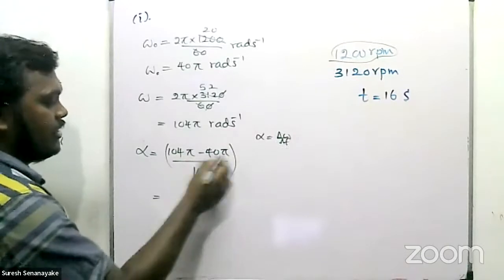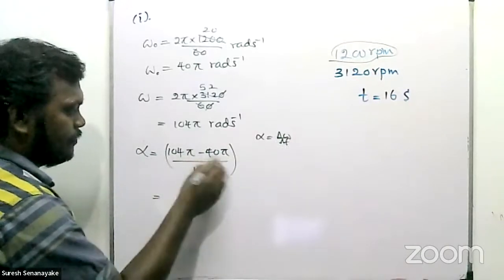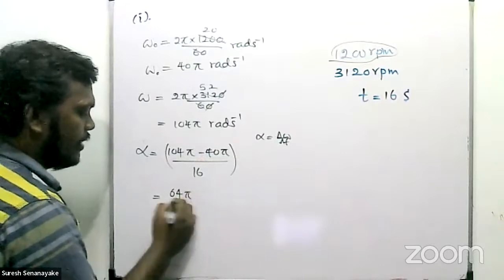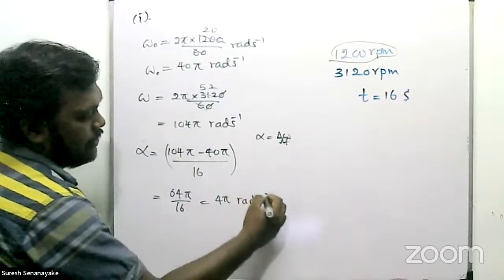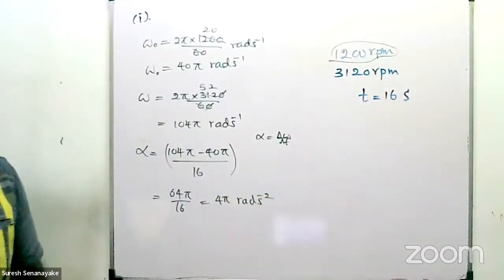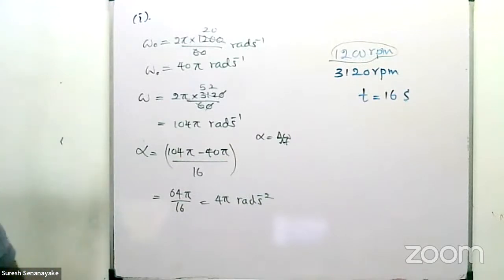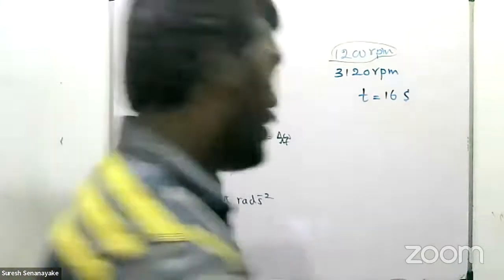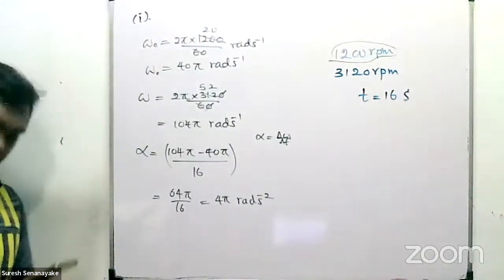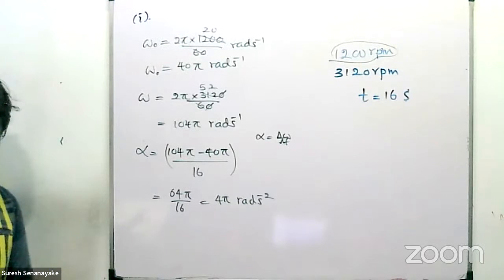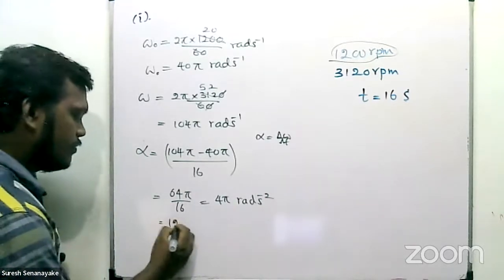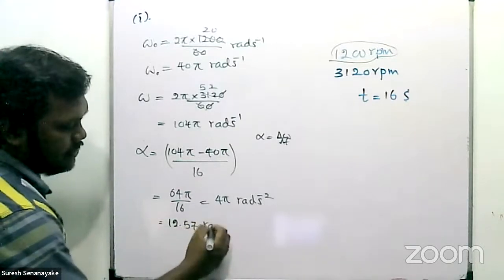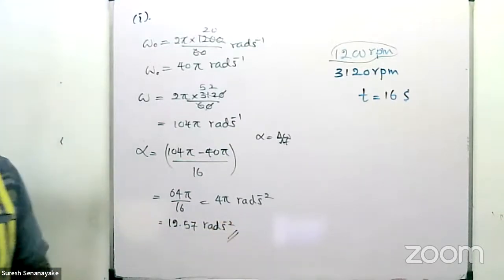So the change in angular velocity is 64 pi, divided by 16, that is 4 pi radians per second squared. You can substitute the value of pi as 3.14, which gives 12.56 radians per second squared. This is the angular acceleration.